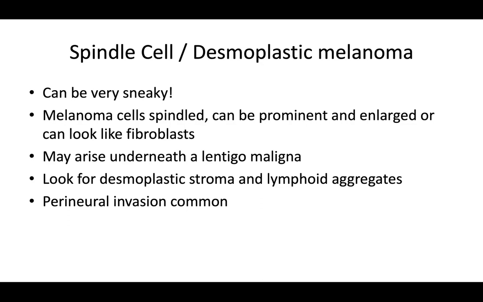And if you see an atypical junctional melanocyte proliferation in the junction, then you need to rule out desmoplastic melanoma. And I would oftentimes do PRAME in these because of the data that I just cited. Perineural invasion, unfortunately, is also common.